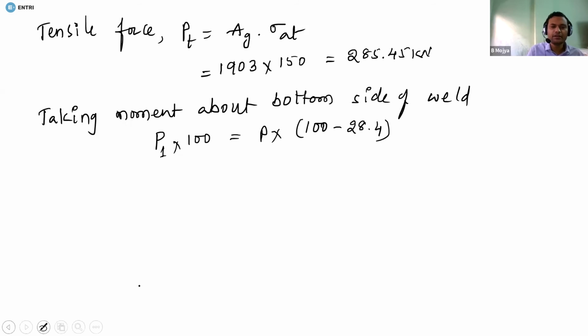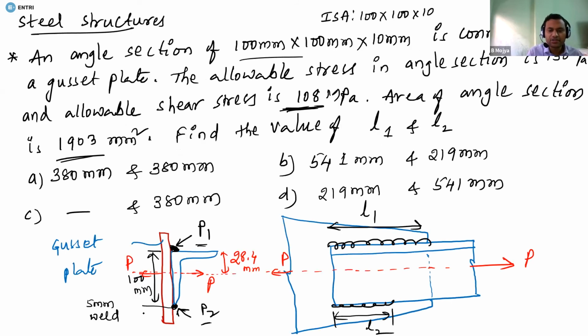Just have a look here. As we are writing the moment equation about the bottom, P1 into its perpendicular distance and P into its perpendicular distance. That is what you have to write so that you will get the value.